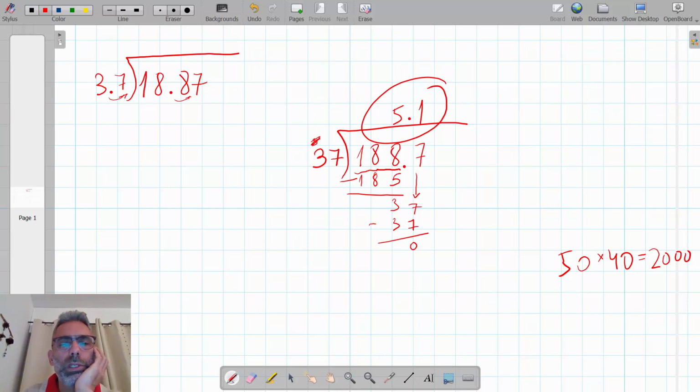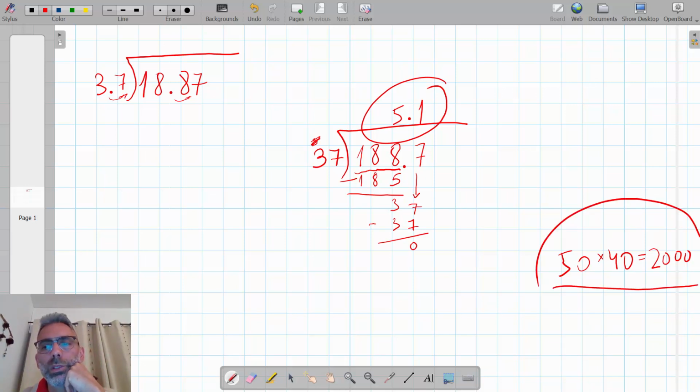I have to put the decimal also in the result. Okay, you see why this is important? I saw that 2,000 is not even close to 188, and then I realized that I forgot to put the decimal in the result. Okay, so the answer is 5.1.